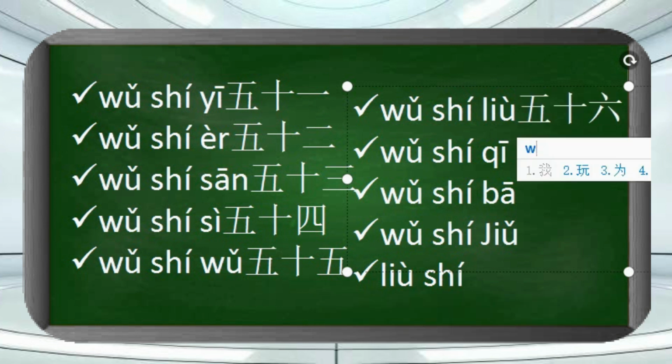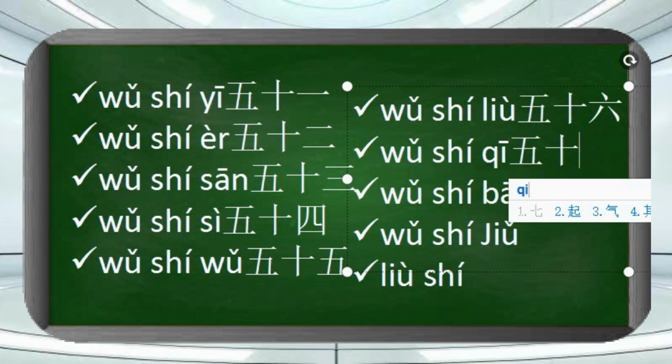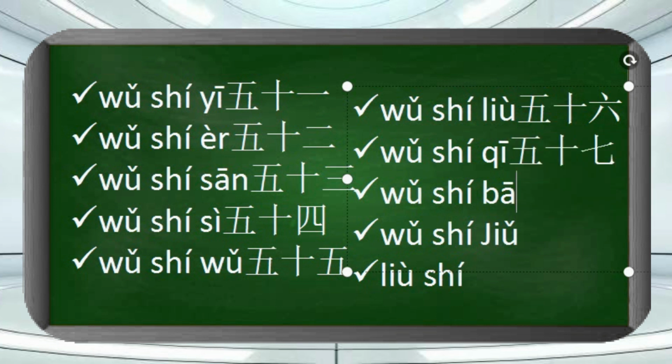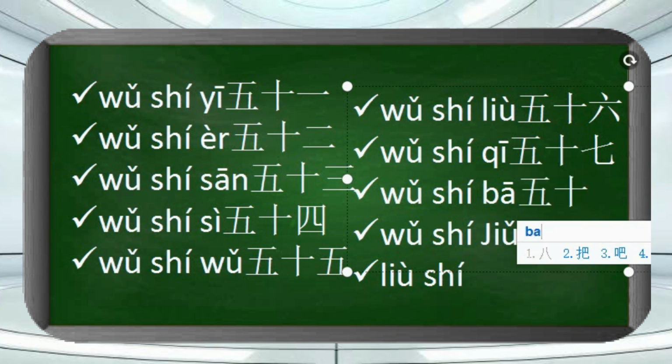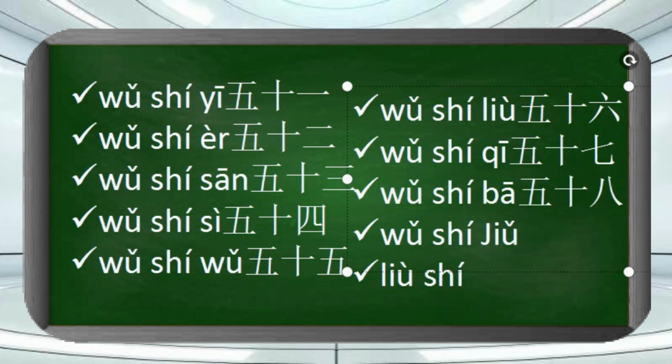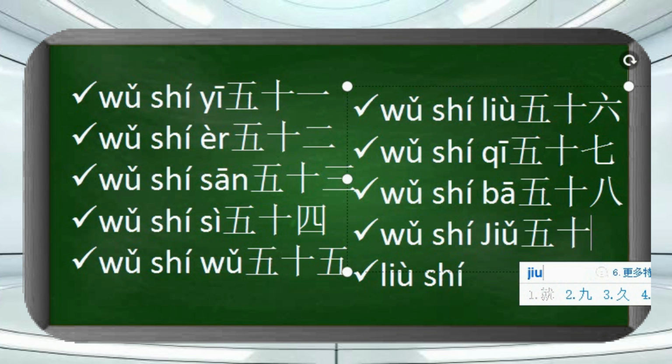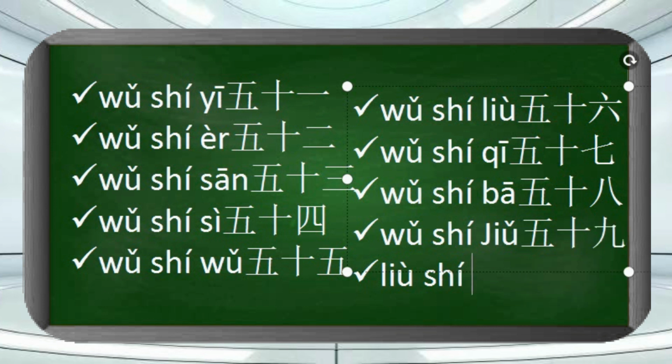57 is 五十七. 58 is 五十八. 59 is 五十九. And the last one is 六十.